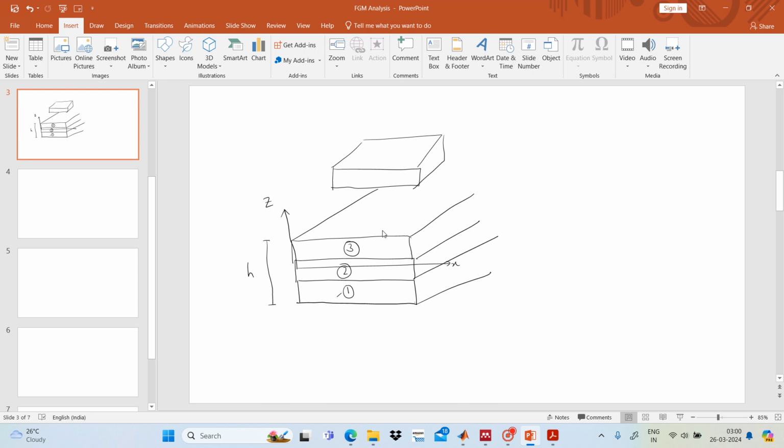So these gradations are at the macroscopic level. This lamina may have different material properties, this may have different, this may have different. So at the macroscopic level, the material properties are changing.